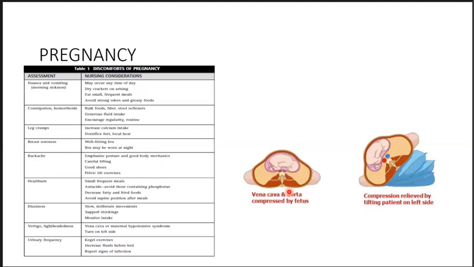But again, you can see the compression is relieved by tilting the patient on the left side. So the weight is off the inferior vena cava. So you need to educate on this. And finally, you need to teach Kegel exercises, decrease fluids before bed, and also report signs of infection. So all of this is geared towards urinary frequency discomfort in your clients.